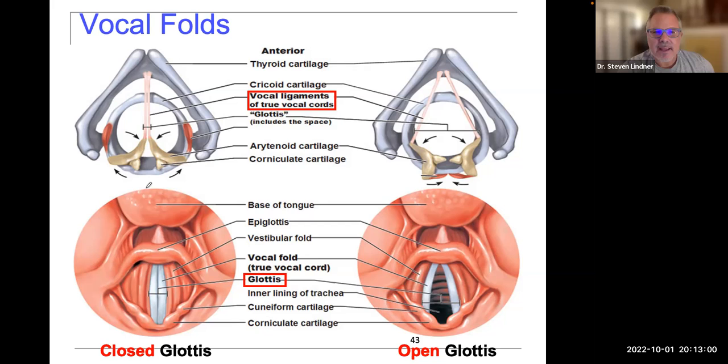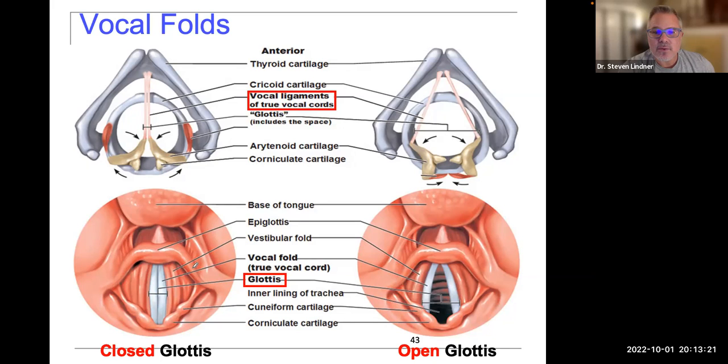low pitch. Again, you can look at the different orientation of the arytenoid and the corniculate ligaments, how they change in their direction, which certainly alter the shape and direction of the true vocal folds. And you could see down below what it really looks like.